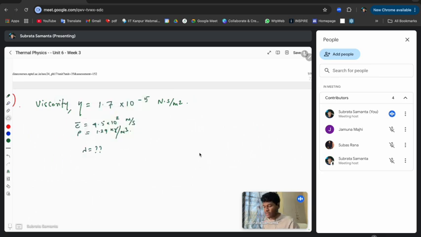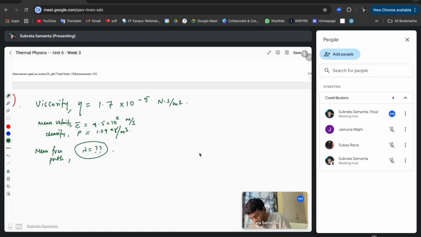These three quantities are given, and we have to calculate lambda, the mean free path. So how to calculate lambda? This is the density, and this is the mean speed, the mean velocity.